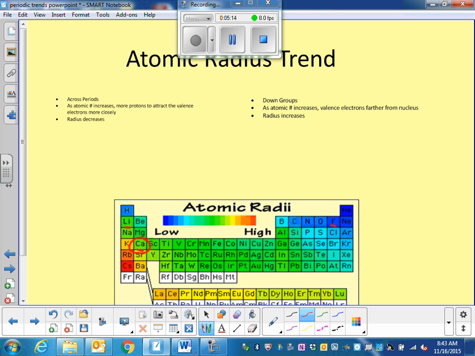The next one, Mohammed: iodine or bromine? Iodine is right here, bromine is right here. Which has a larger radius? Iodine. Do we all understand how radius changes? Will we remember the pattern?